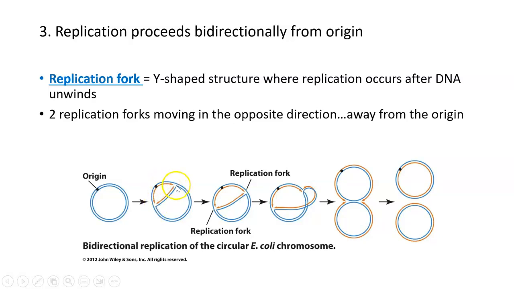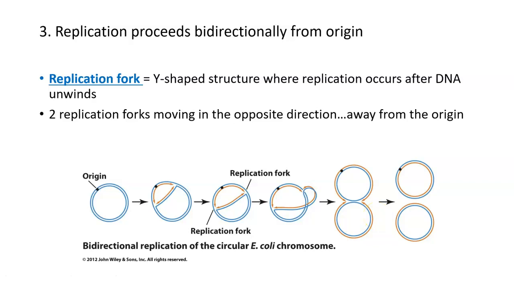And these structures here, these Y-shaped structures, where replication is occurring as the DNA unwinds, are referred to as replication forks. And these replication forks move away from each other in opposite directions and away from the origin, and then ultimately are able to continue replication until they meet and you've generated two pieces of DNA.